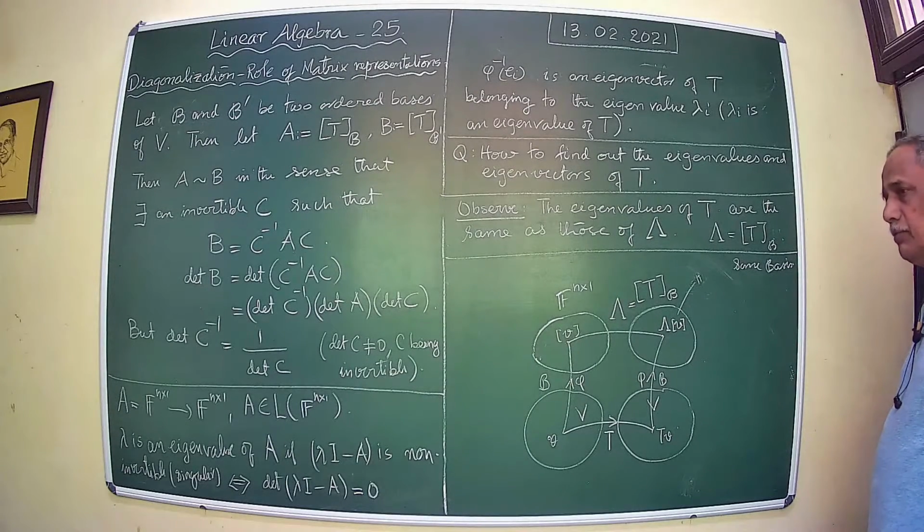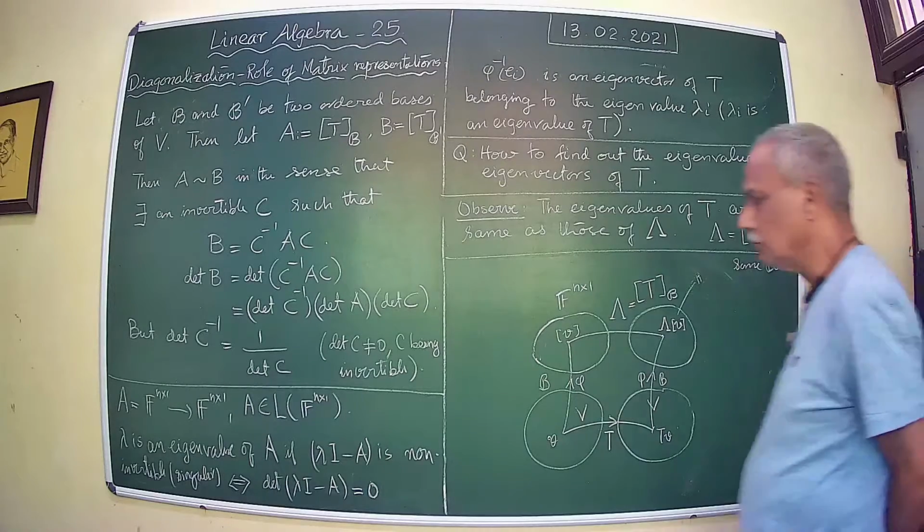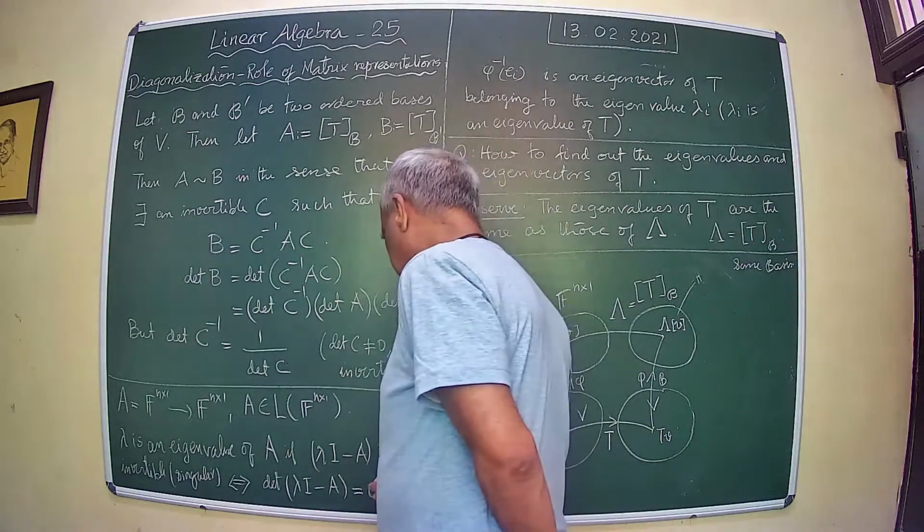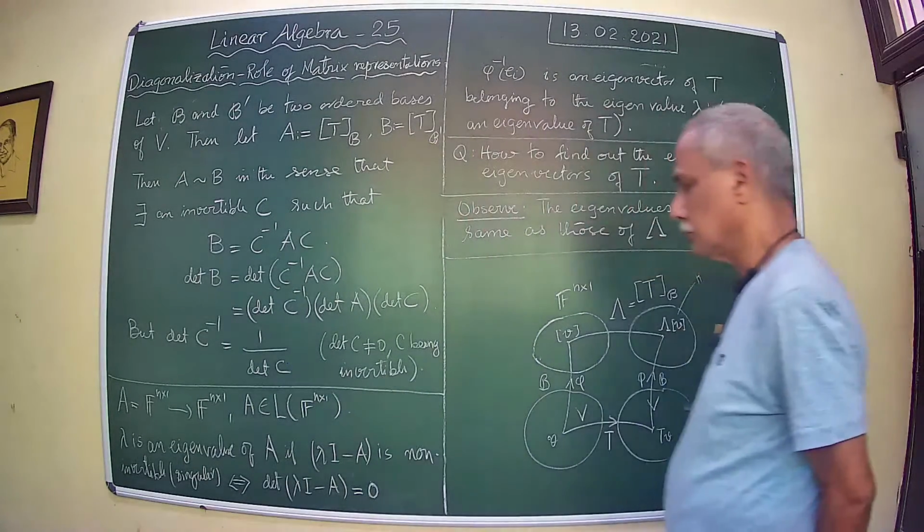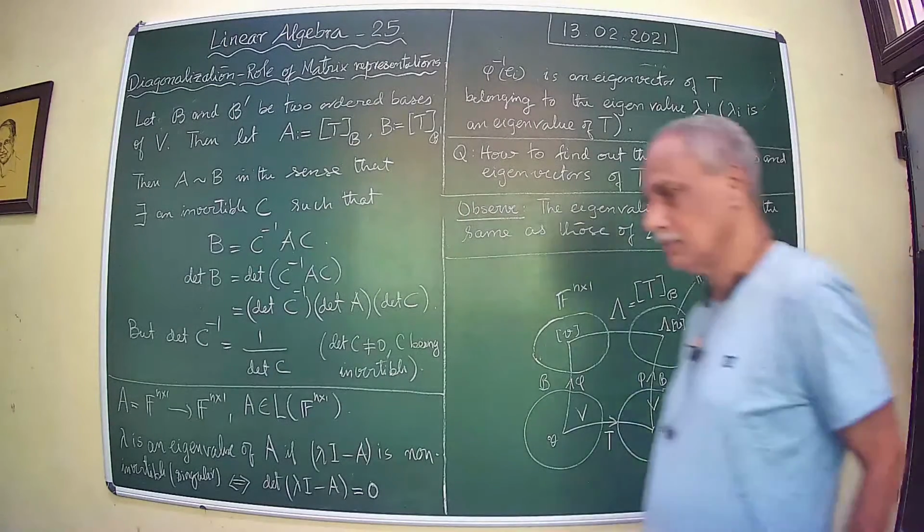So the determinant of lambda I minus A is equal to 0. Okay.